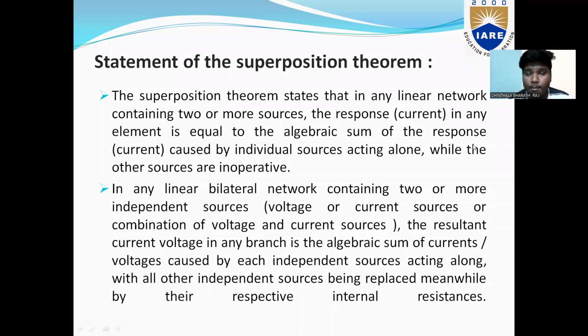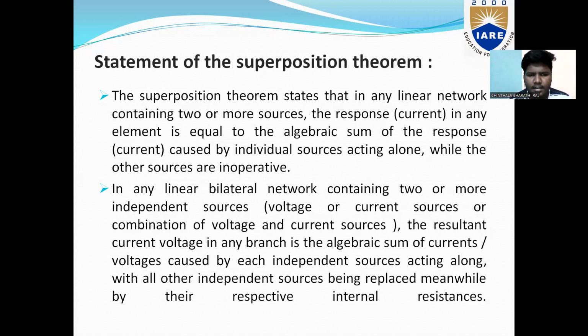Statement of the superposition theorem. The superposition theorem states that in any linear network containing two or more sources, the response in any element is equal to the algebraic sum of the response currents caused by individual sources acting alone while the other sources are inoperative.